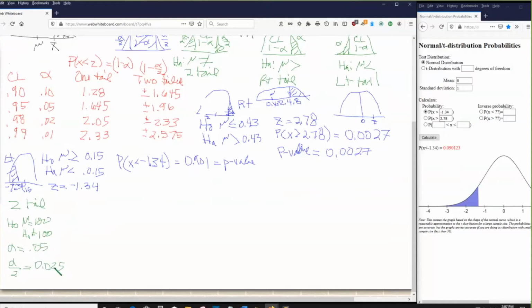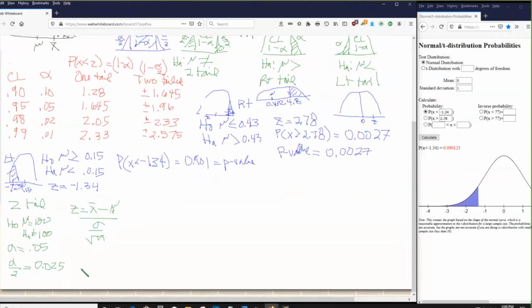Then to figure out the z-value, I'm going to take my sample mean minus the population mean, or the mean of the null, divided by the population standard deviation divided by the square root of the sample size.